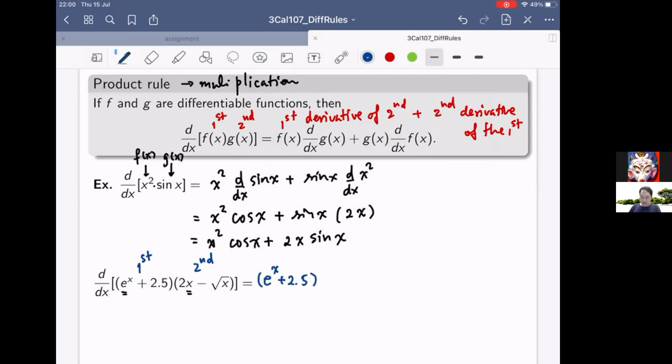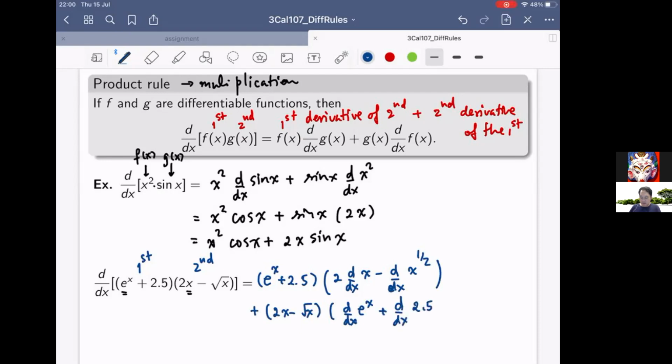So it will be the first, and then the derivative of the second, which is 2 times the derivative of x minus the derivative of a square root, which is x raised to the power 1/2, plus the second, and then the derivative of the first, which is the derivative of e to the x and the derivative of a constant 2.5.